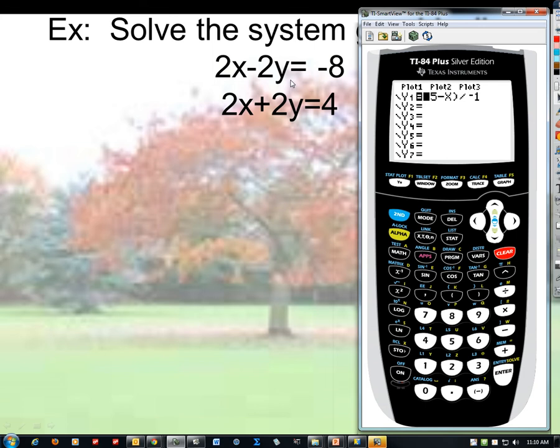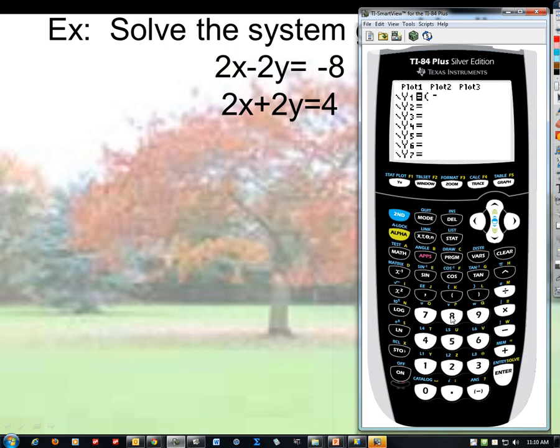Now, what are the steps I would go through in this first equation to solve for y? In order, what would I do first? Okay, I'd subtract 2x and then divide the whole thing by -2. If I'm going to do that on the calculator, the thing you can't forget to do is open a set of parentheses, because after I get everything over to one side, I've still got to divide by -2. So now I've got y equals some stuff on the other side. What's already over there? -8.